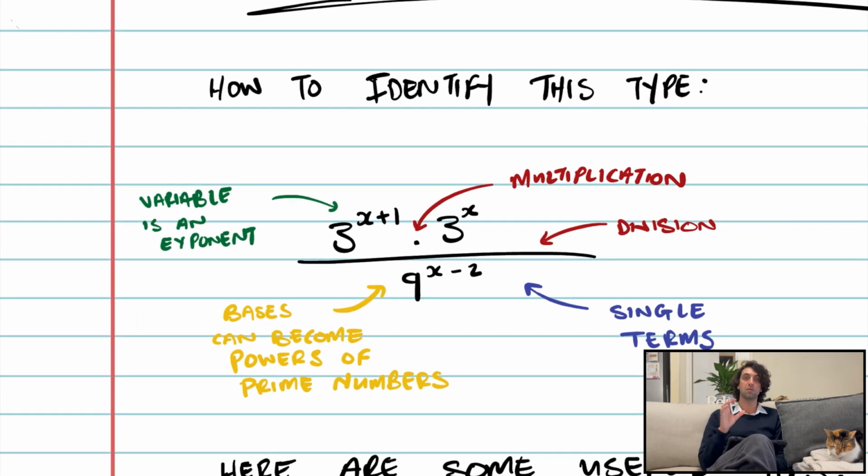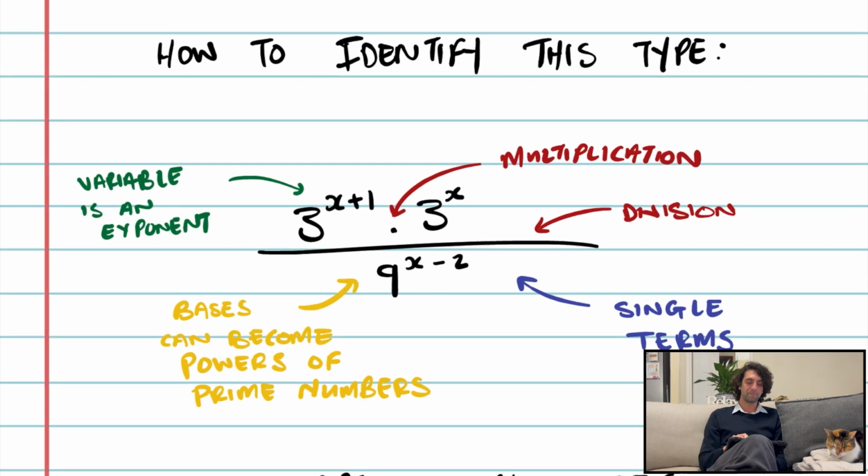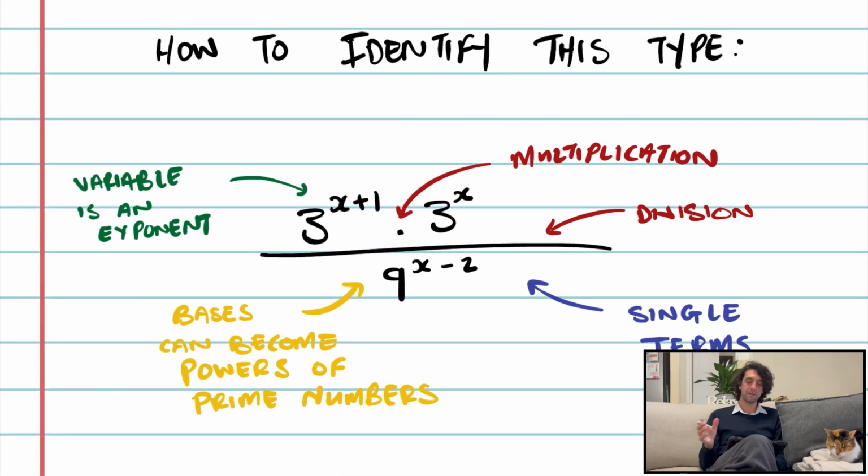We often want to solve for x, so we want to completely simplify and get rid of the x often, okay? So there's a variable in the exponent. I also identified that there's multiplication and division, okay? This is one massive single term.